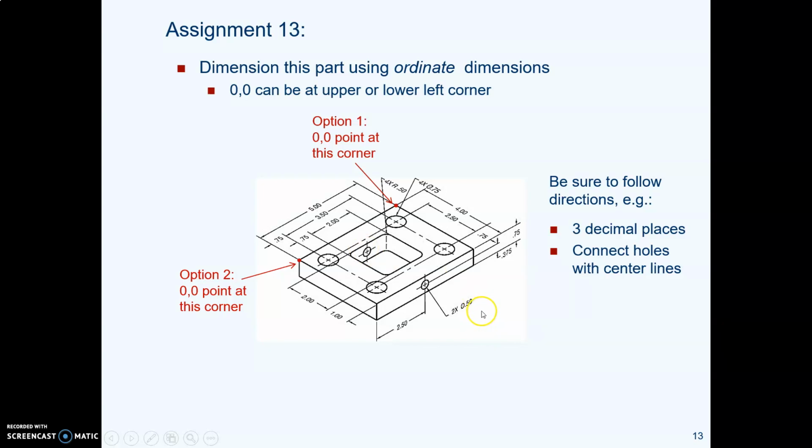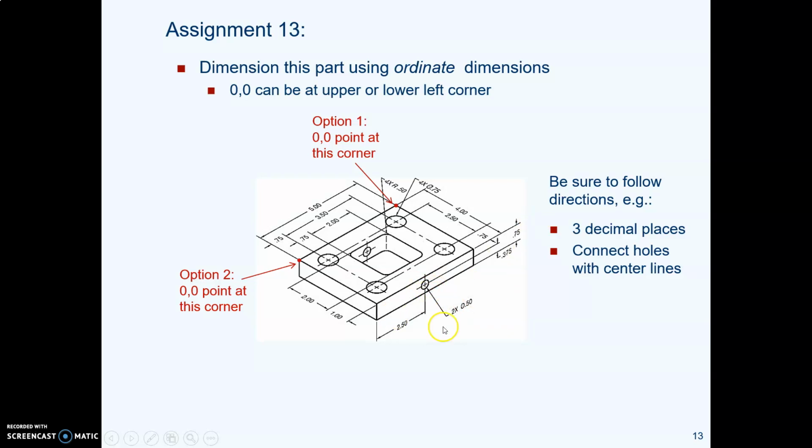You are going to need two views, a front view where we see the holes in the square cutout, and then a side view where we see the thickness and the location of that hole. And in the side view, you will need to tell them how far up it is to the hole, how far it is from one edge to the hole, and what diameter the hole is.